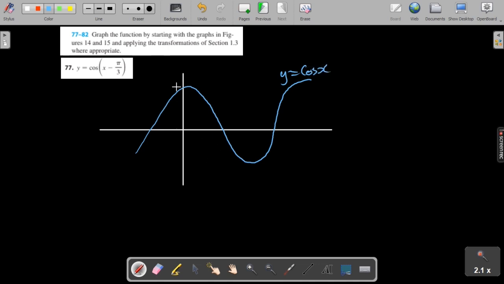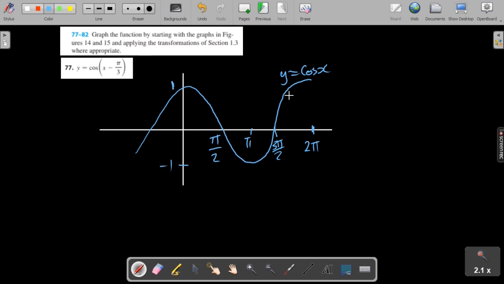It would be 1 at 0, then at pi over 2 you expect it to be 0, then at pi you expect it to be minus 1, then at 3 pi over 2 you expect it to be 0 again, and finally at 2 pi you expect it to be 1 again. So these are some of the major points that you have, and you can fill in the same on the left hand side in the negative direction.